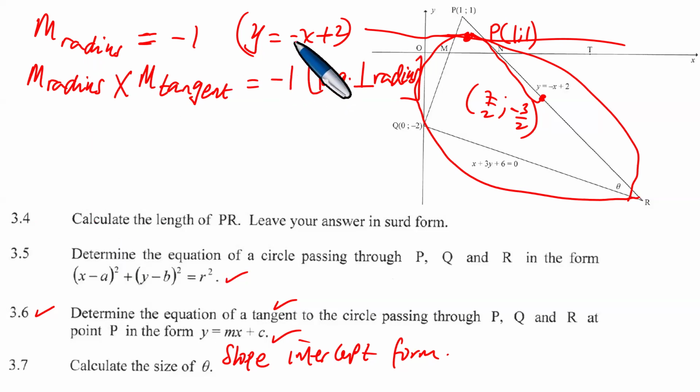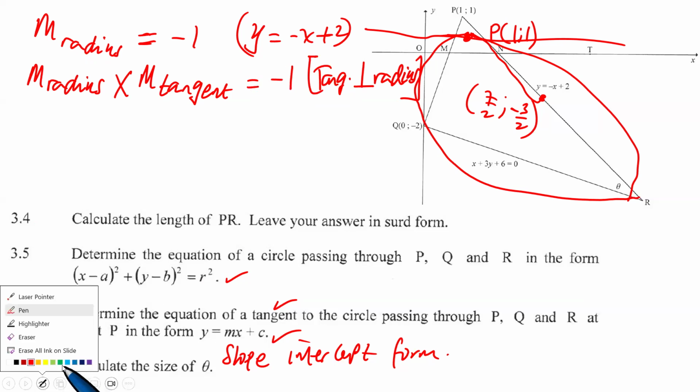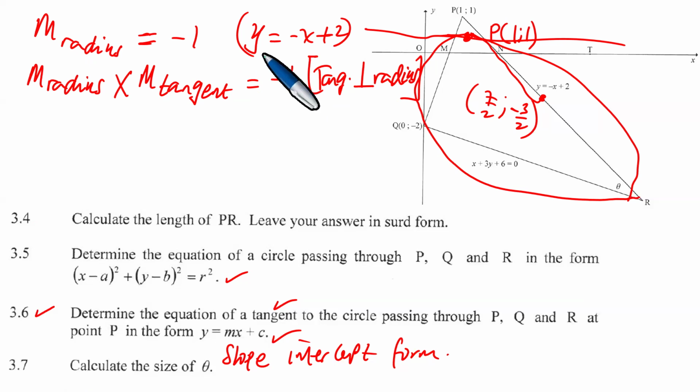Why? Because this is the equation, and in this equation, we're able to see it is coming from the slope-intercept form of the equation of a line, y equals mx plus c. Now look at this. The gradient is -1 there. Now, what do we do? We want to find the gradient of the tangent.